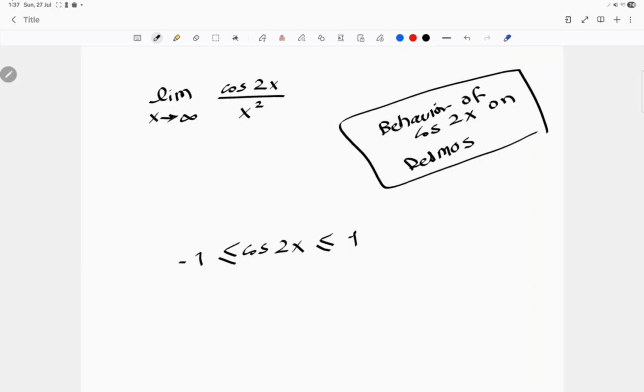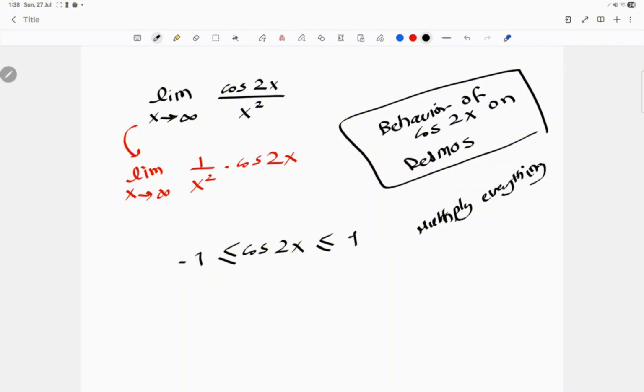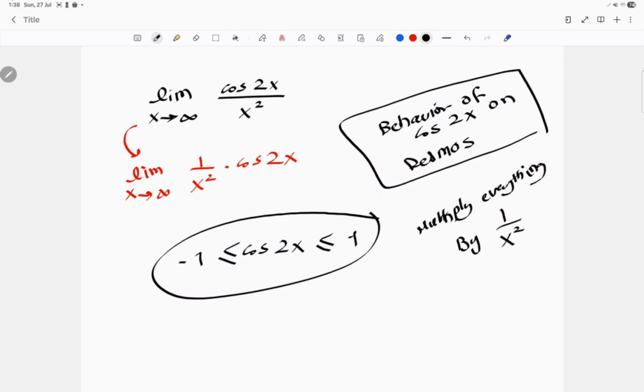Now, can we rewrite this as the limit as x approaches infinity of 1 over x squared times cosine 2x? Would that be the same thing? Same thing, right? Because if I have 4 over 5, it's the same thing as 1 over 5 times 4. So right now, I will multiply everything that I see in here by 1 over x squared.